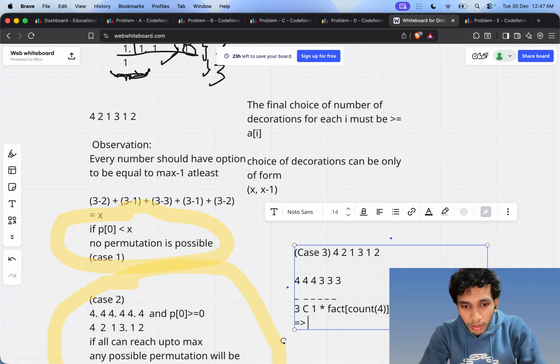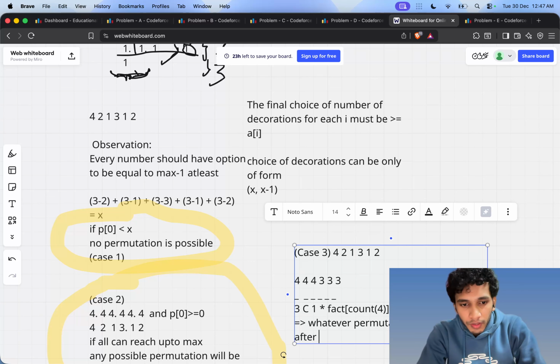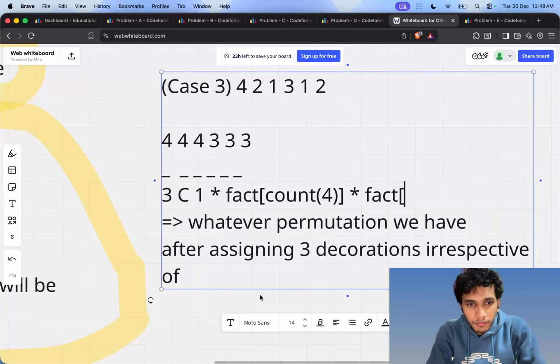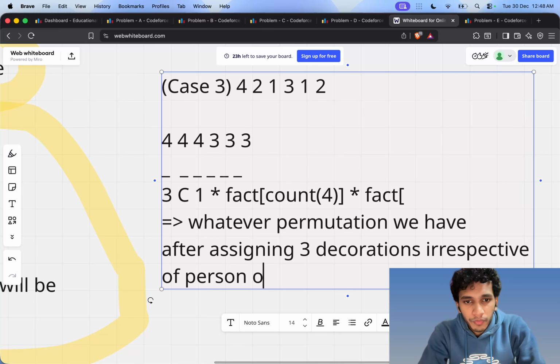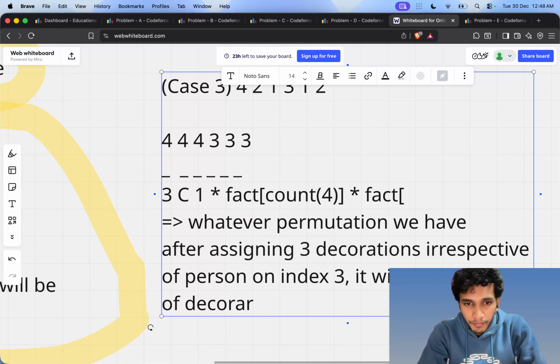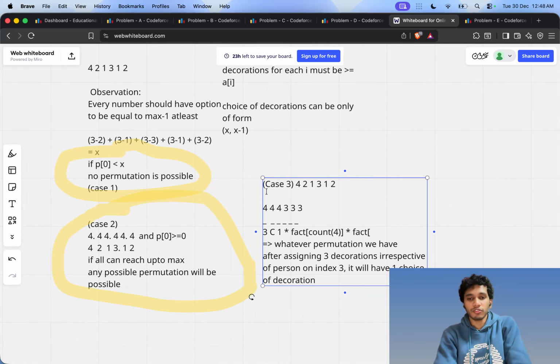What did I say? Whatever permutation we have after assigning 3 decorations, irrespective of value or person, on index 3 it will have one choice of decoration, simply because P0 is not racial.